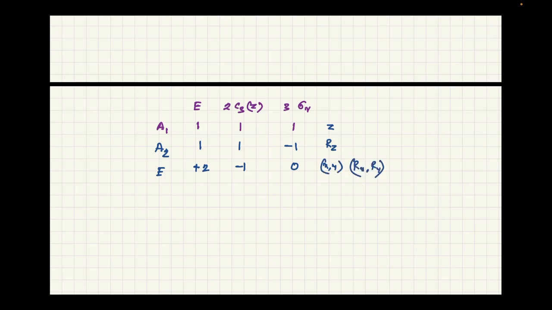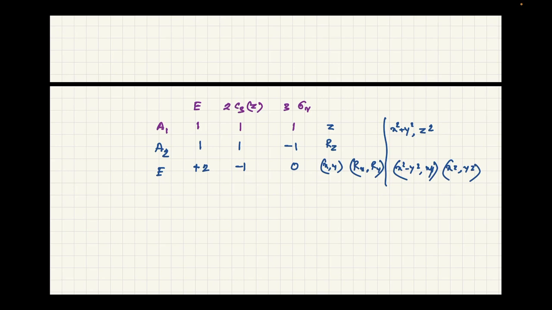Now the quadratic functions: this is x square plus y square, this is z square, and this is x square minus y square, xy, and xz yz. Okay, this is the character table.